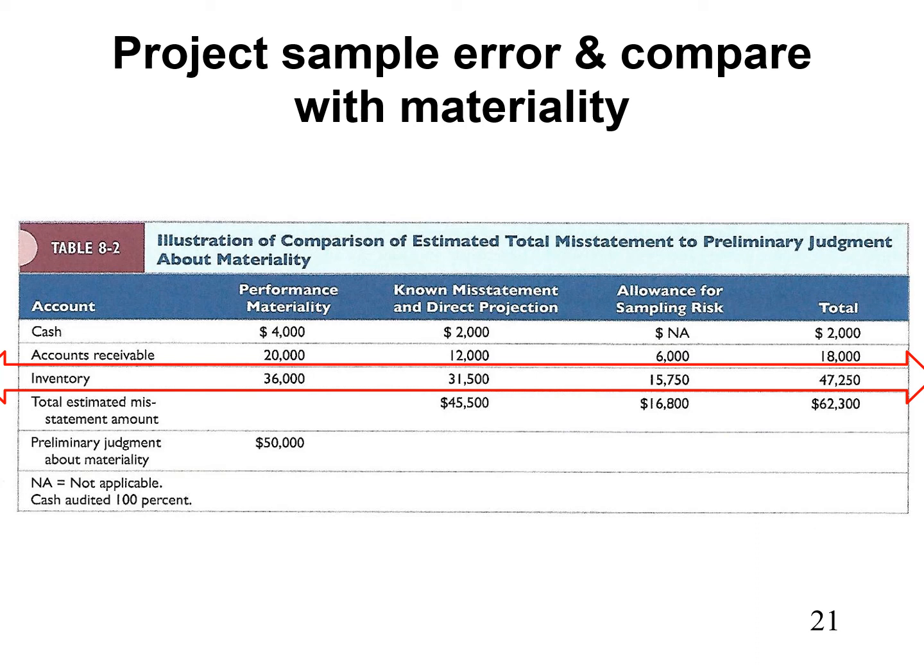Maybe, maybe not, because we have to add an allowance for sampling risk. So when you had a confidence interval in statistics or a hypothesis test, there was always the risk that your sample was not representative, and so you had an allowance for sampling risk. When we add the projected misstatement to the allowance for sampling risk, that exceeds performance materiality.